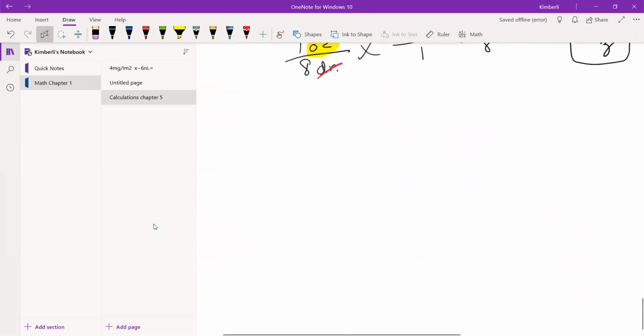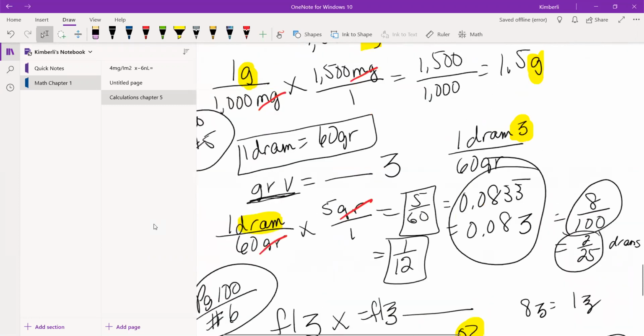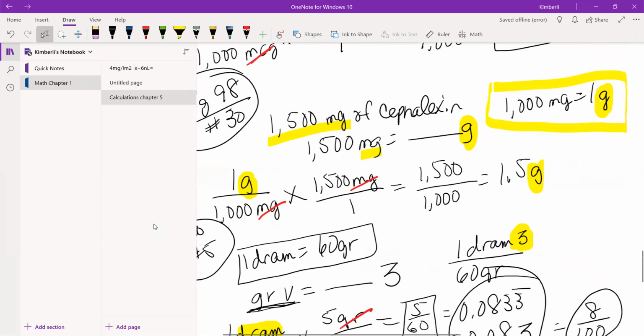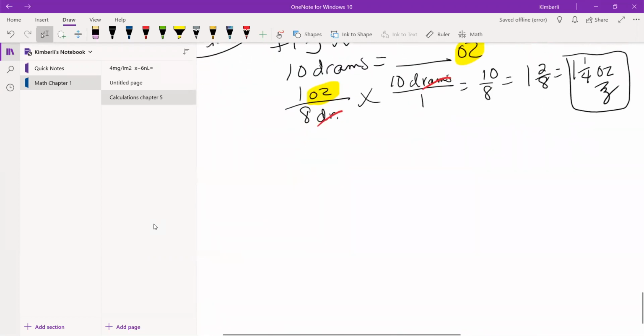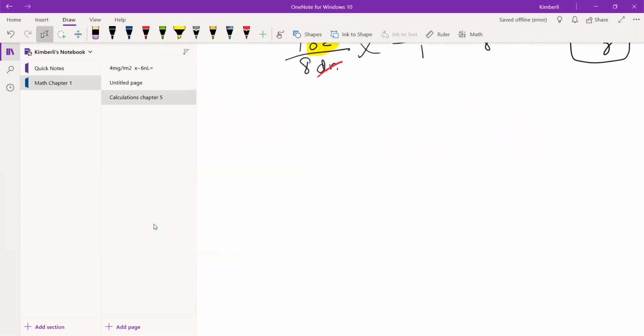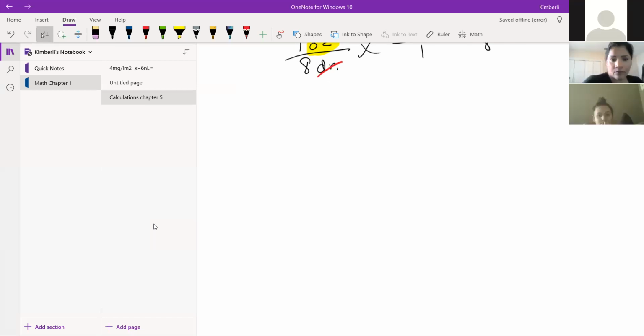The apothecary you need to remember are the grains to milligrams. So 1 grain is somewhere between 60 and 65 milligrams. So on page 107 in the middle, it says common medications dosed in grains and milligrams.